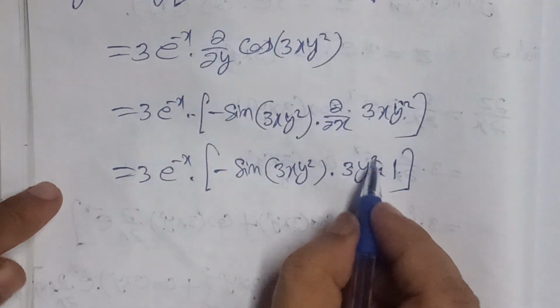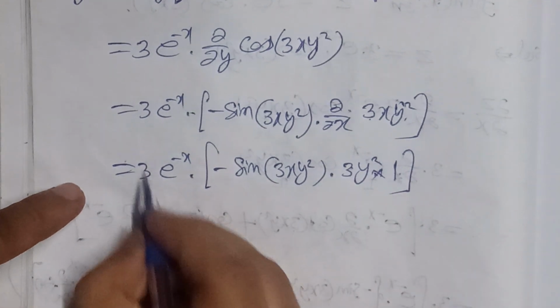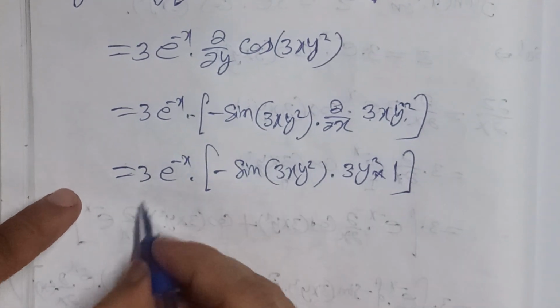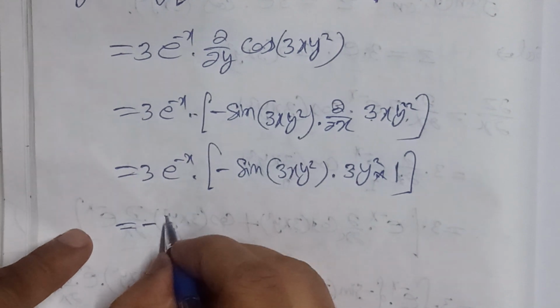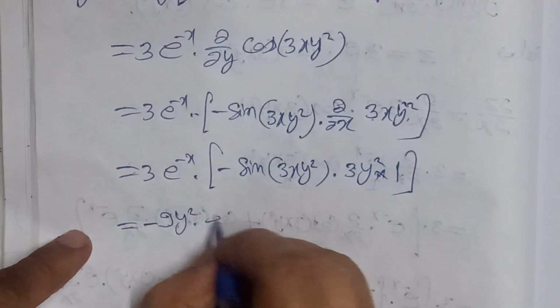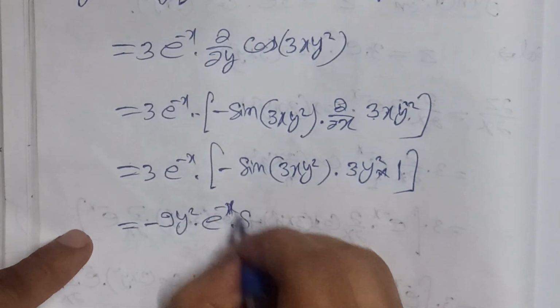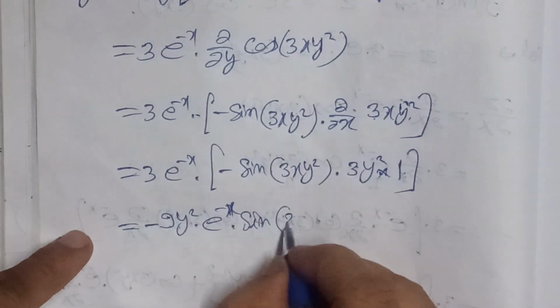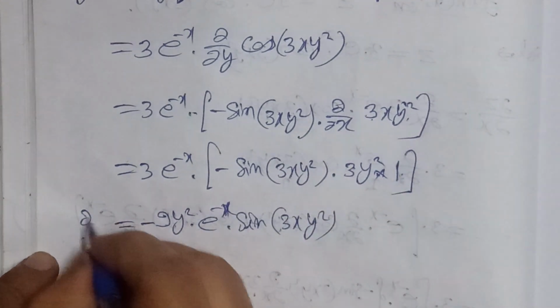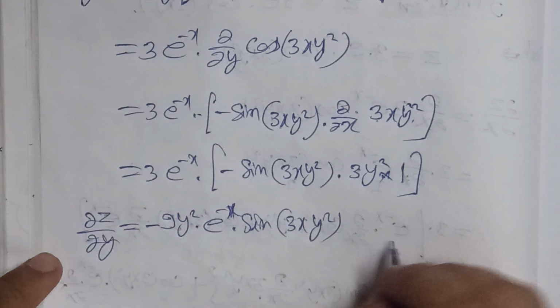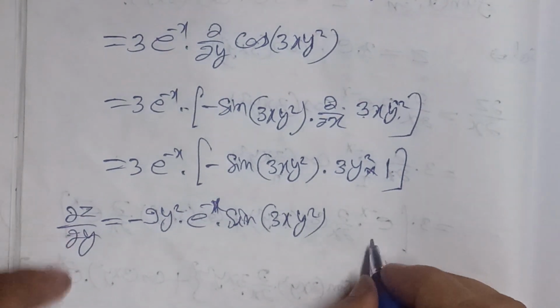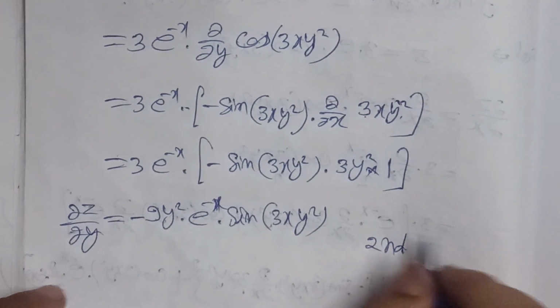Open this bracket and multiply, and take out minus in the beginning. We get minus 6xy e^(-x) multiplied by sine of 3xy²... This is the value of ∂z/∂y, which was to be found, which is our second result.